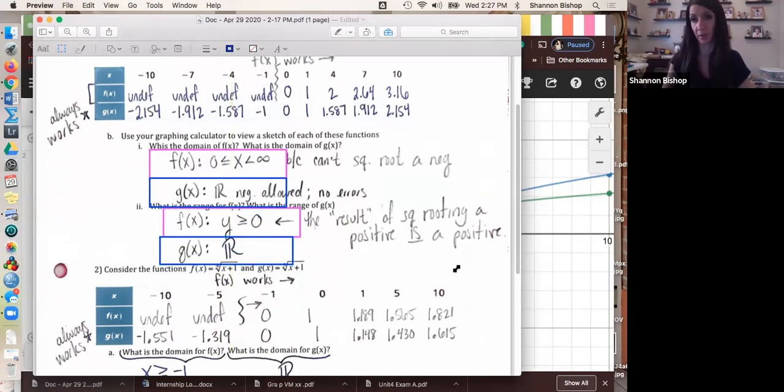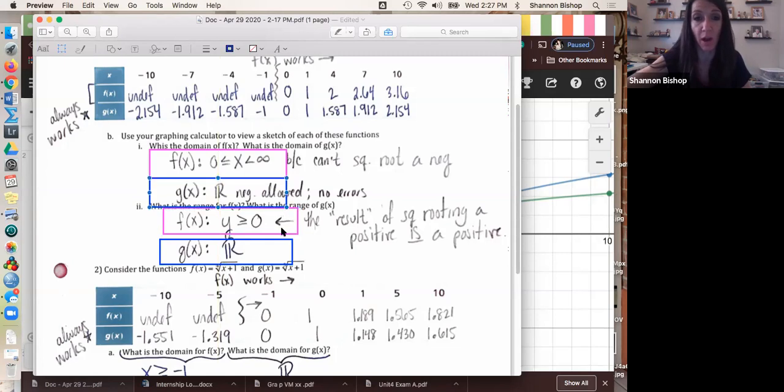So the domain and range for f of x seem to only be positives, but the domain and range for g of x seem to just be all real numbers. There's no errors whatsoever. And so remember, the phrase for that is simply all real numbers.